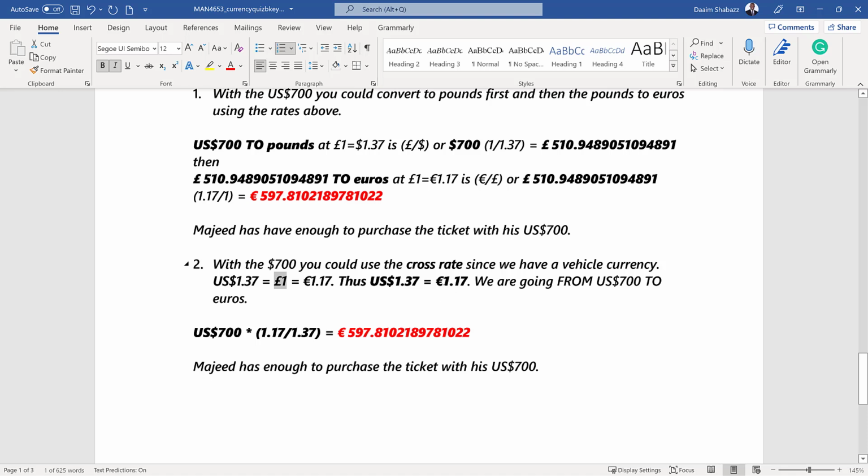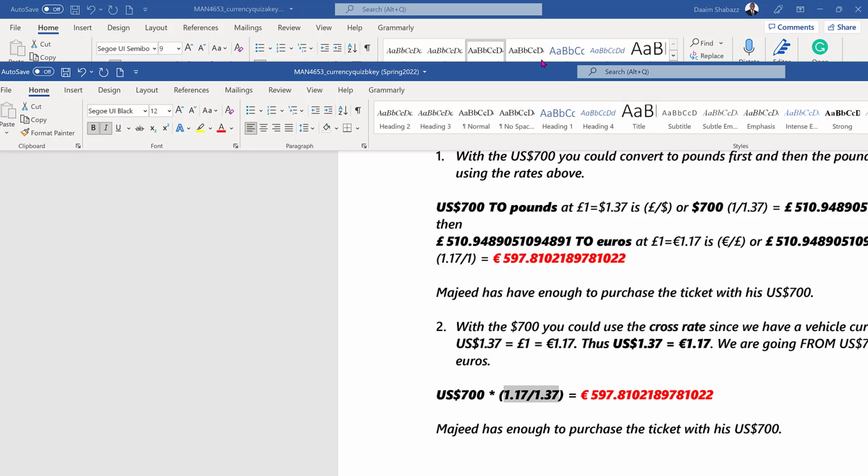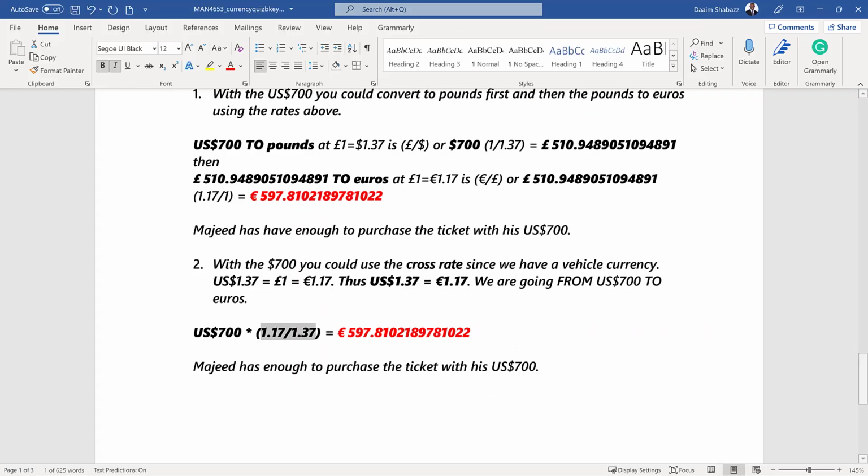So you go to euros, 1.17 over 1.37. What does this tell you? This tells you how many euros you get for $1.